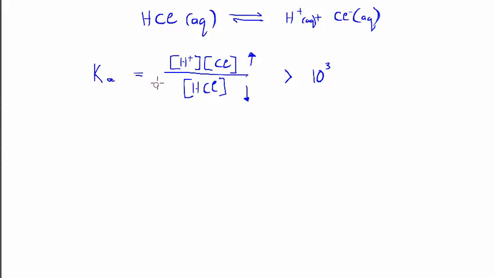I just want to show you here, if I put hydrochloric acid in water, and we get something like this, notice now that it dissociates. There used to be no hydrogen ions and no chlorine ions, but now that it dissociates, I have hydrogen and chlorine ions, and they're in the same ratio.